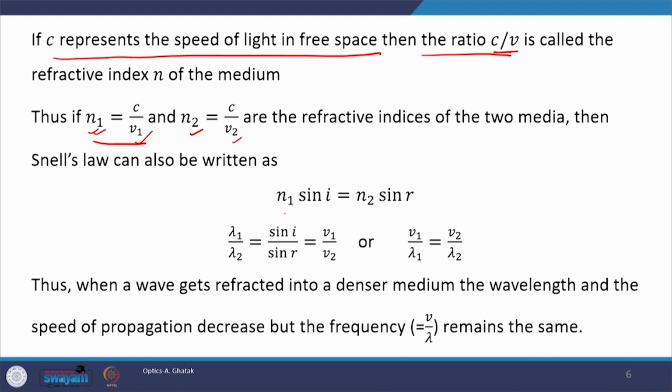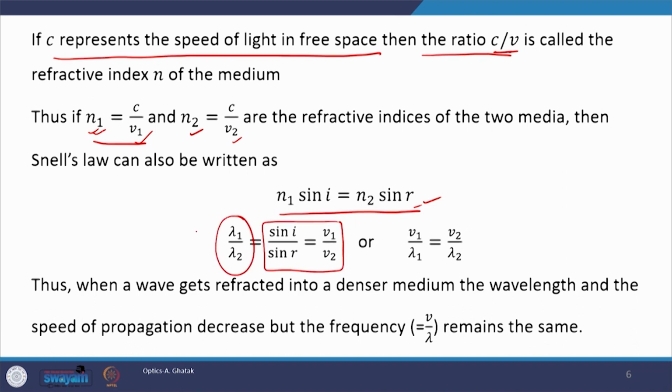Then Snell's law is sin i by sin r equal to n2 by n1, which is written here, but the same thing can be written in terms of v1 and v2 as we derived earlier, and we can also involve wavelength here too.